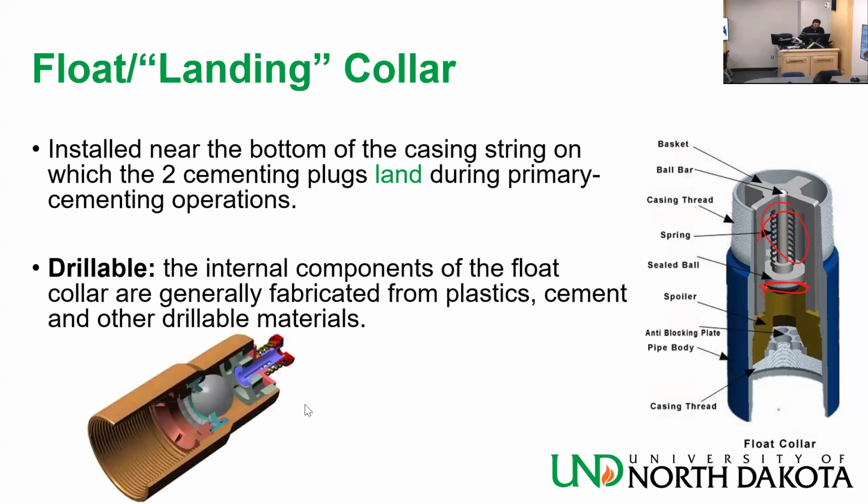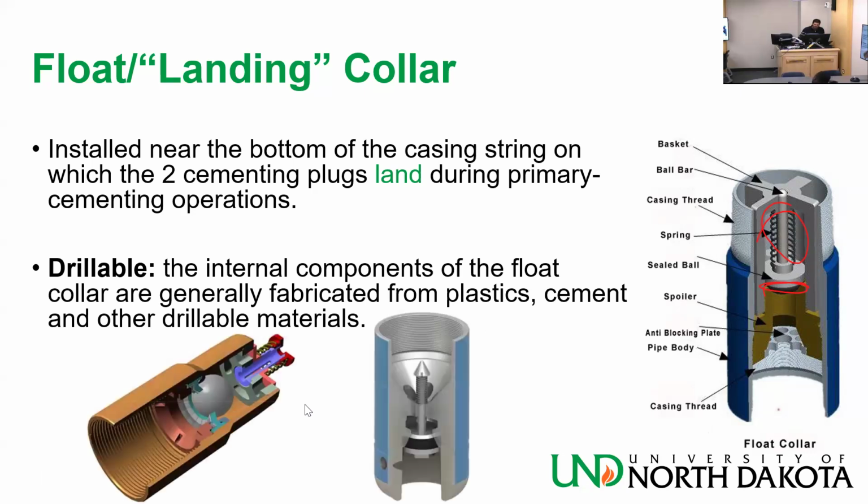Other designs, like this one with a seal ball and a little pointy triangle, all work the same way, in all honesty. They just allow cement to flow in one direction and not the other. They want cement to flow through them down and not upwards.